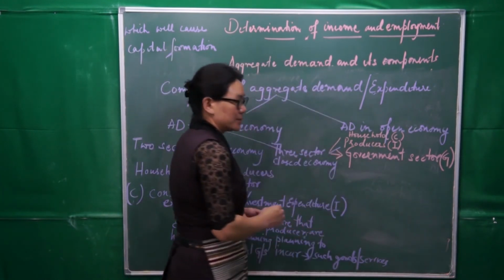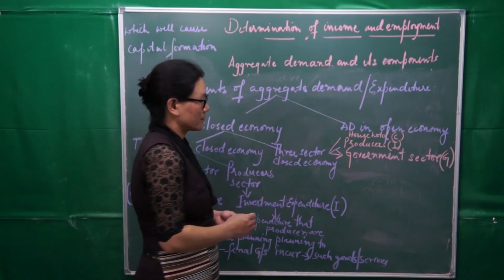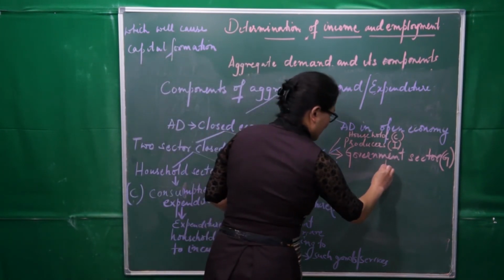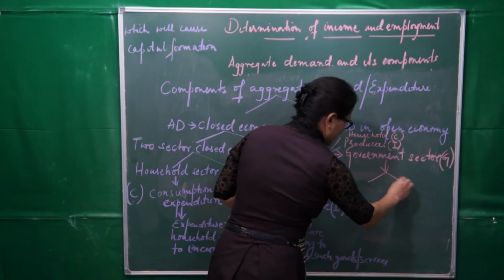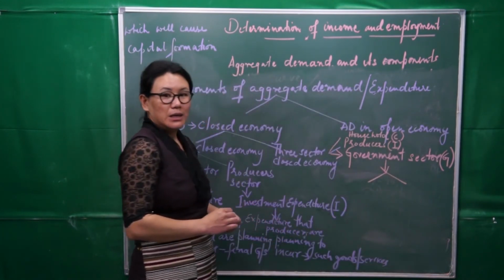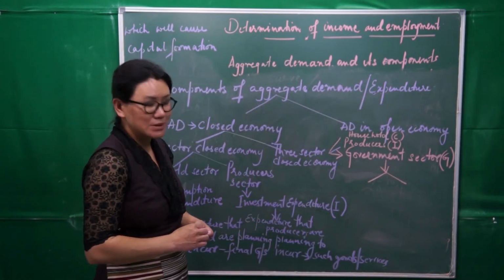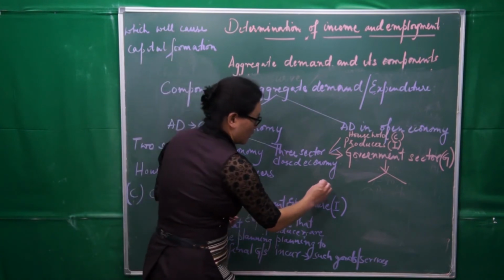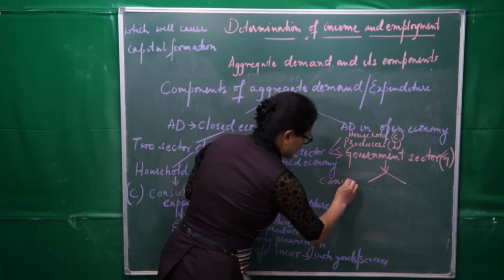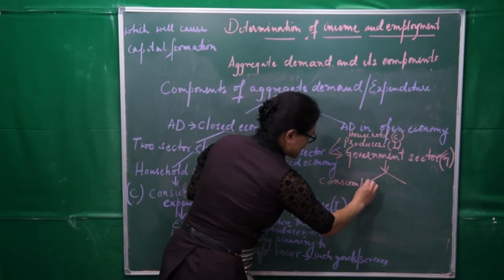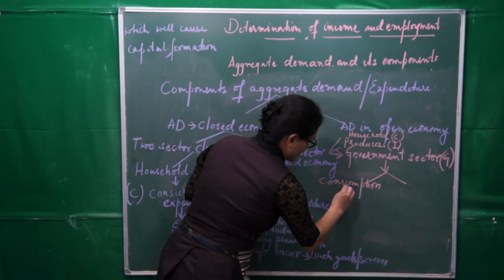Now we need to study about government sector. Government sector has two types of expenditure. One is called as consumption expenditure.